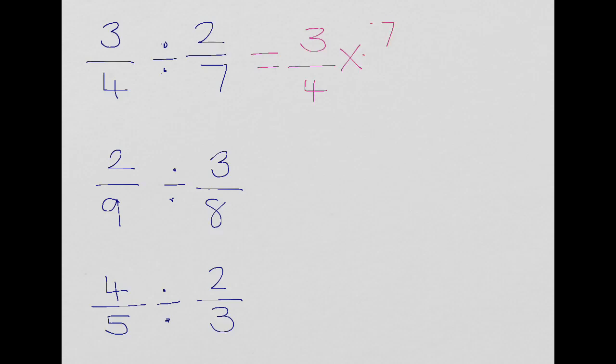It's 7 over 2. So dividing by 2/7 is the same as multiplying by 7 over 2. So now you can either draw a diagram or you can do the quick method. So what would my numerator and denominator be?